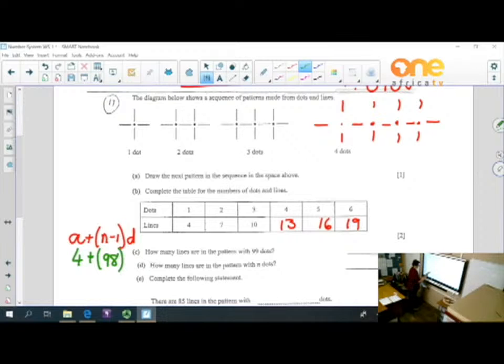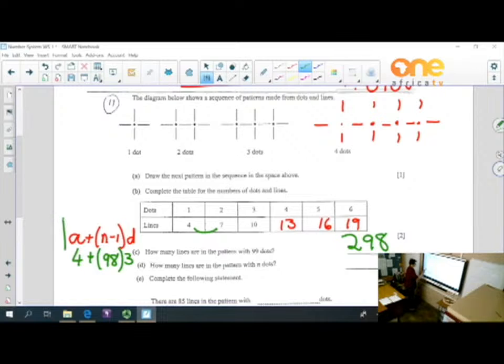And D stands for the common difference. So what is the difference every time here? 3. So if you substitute a 3 in there, and if we just do that calculation, I got 298. You see, that's much easier than sitting with error and trial on your calculator.